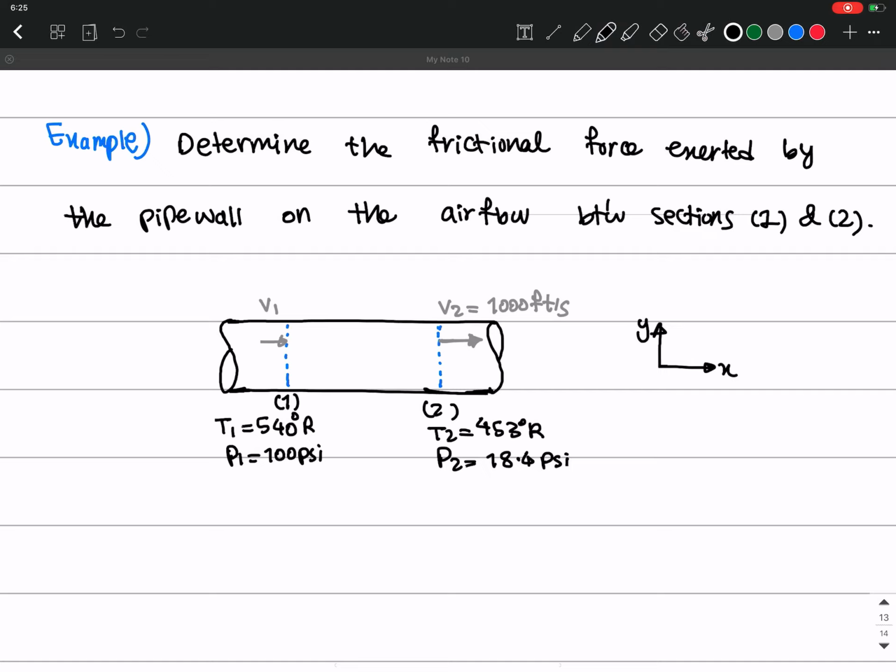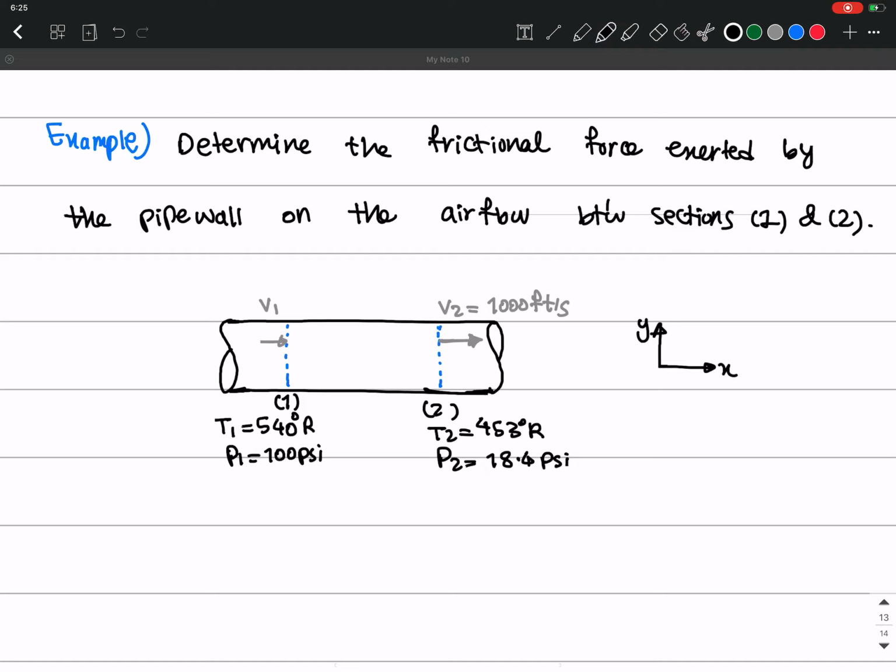So the question wants us to find the frictional force that is exerted by the pipe wall on the airflow between section 1 and 2, okay, in this problem. So, what should we do?